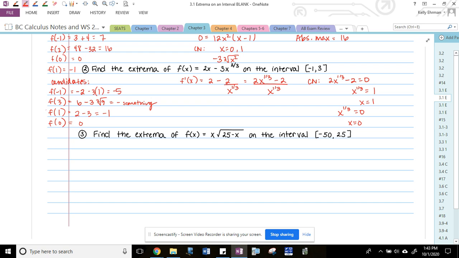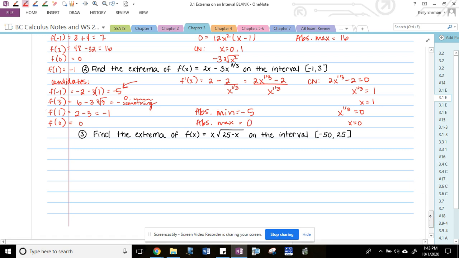So this is going to be -0 point something, because 3 times 2 point something is 6 point something, and 6 minus 6 point something comes out less than -1. All I care about is that it's definitely not surpassing -5. So our absolute minimum is -5, and our absolute maximum, the only thing that's not negative, is 0.